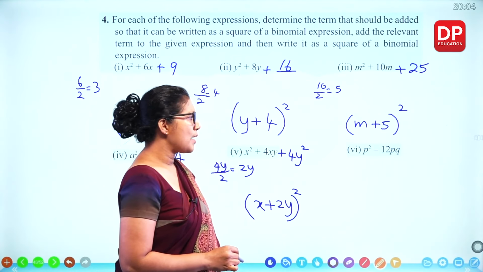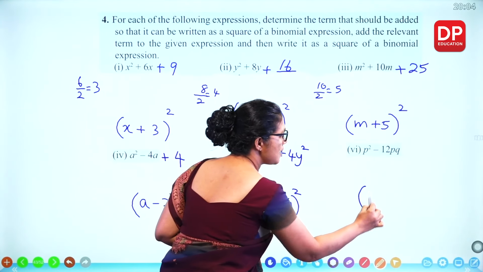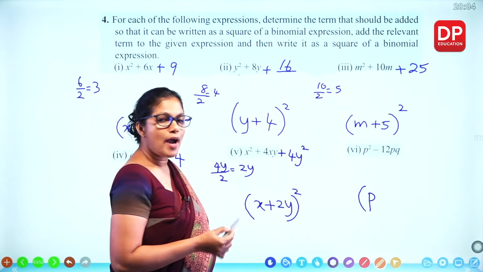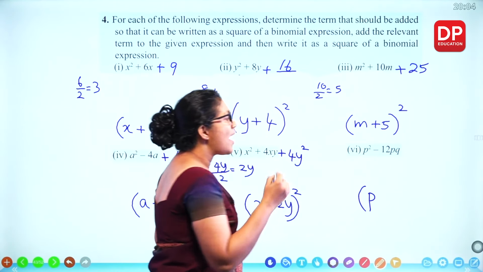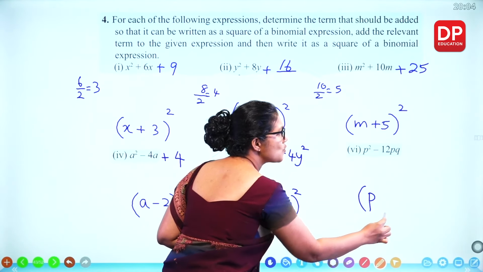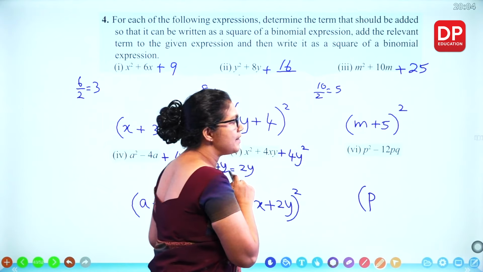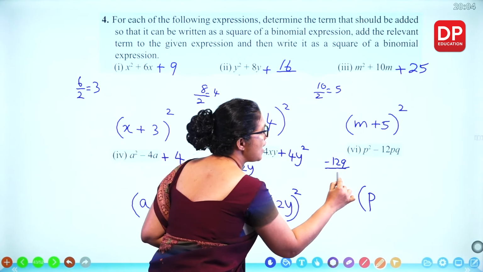Now look at this one. You get p squared minus 12pq. So here definitely the first term should be p, because the square root of p squared. And here you know this is minus 12pq. Multiplication with this one is minus 12pq. P is already there. So we need to look at 12q and divide by 2.